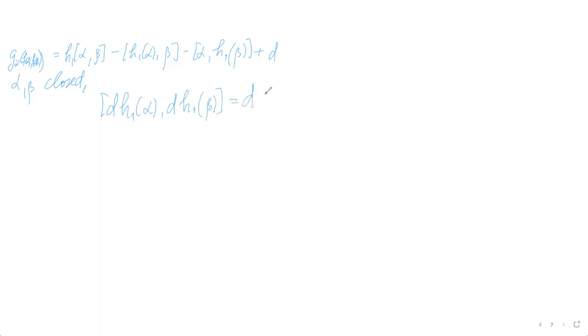However, here it is equal to D of 1/2 of H1 of alpha, D of H1 of beta, plus or minus D of H1 of alpha, H1 of beta. Right? I think it is like this, right?